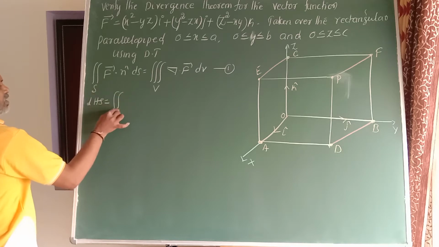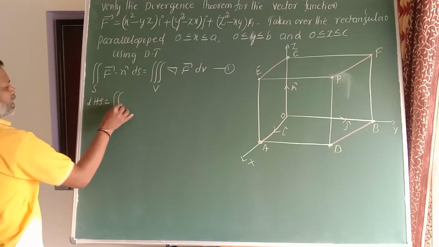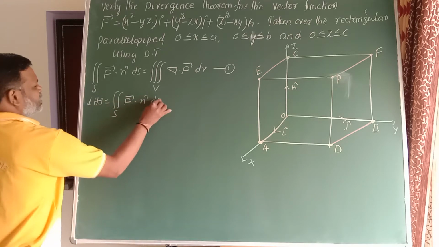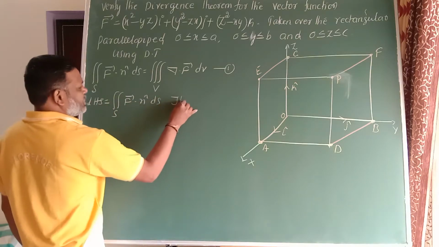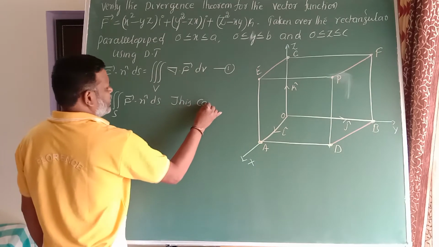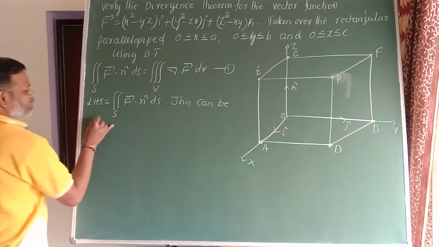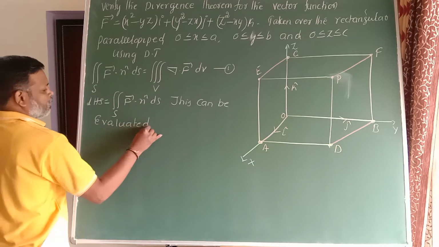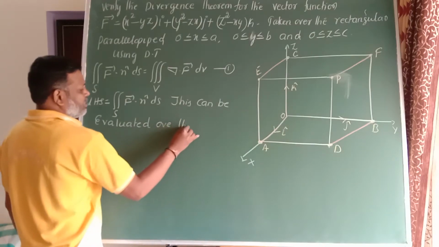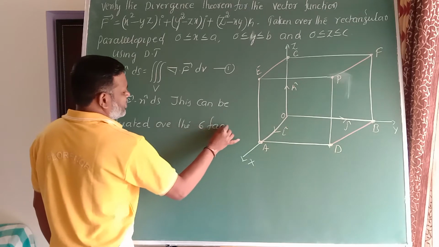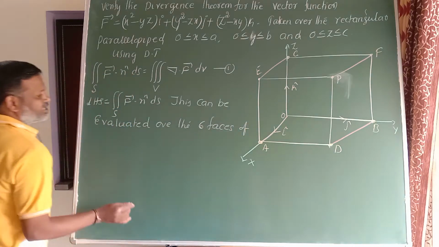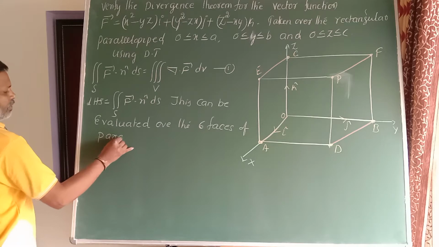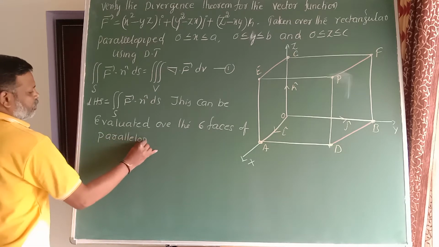LHS is a surface integral over S, that means the double integral over S of F dot n cap ds, and this can be evaluated over the six faces of the parallelepiped.